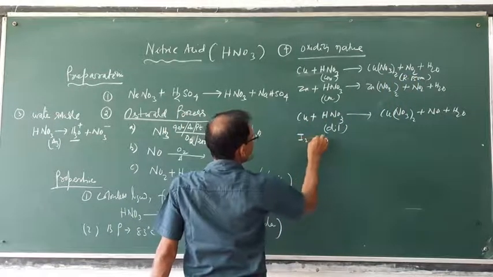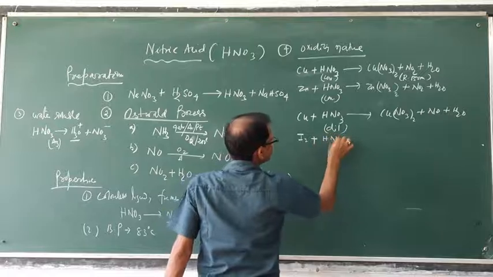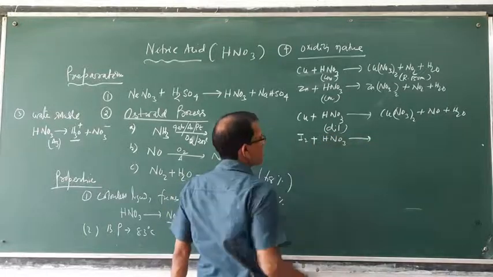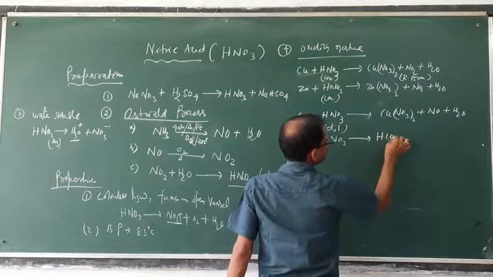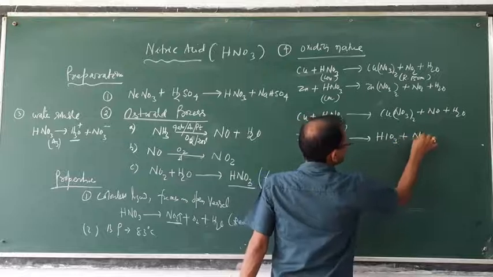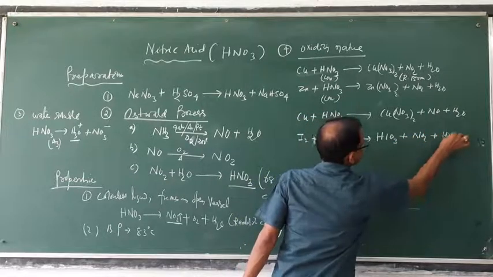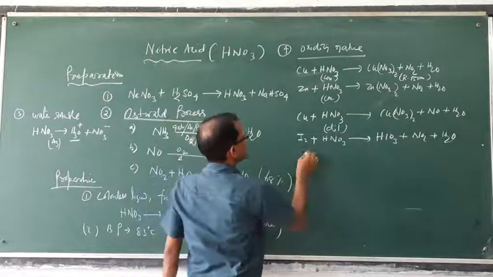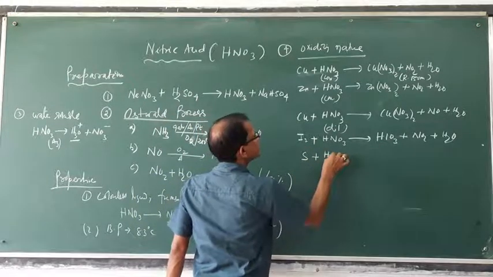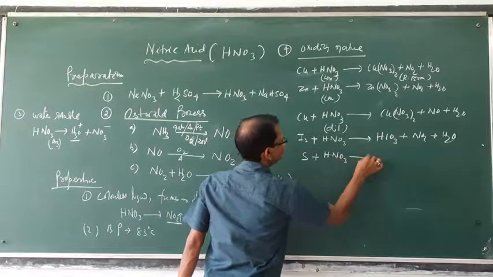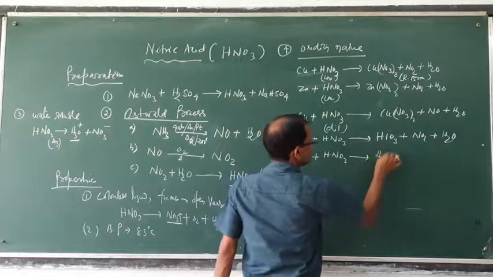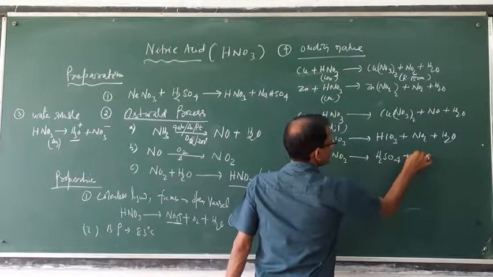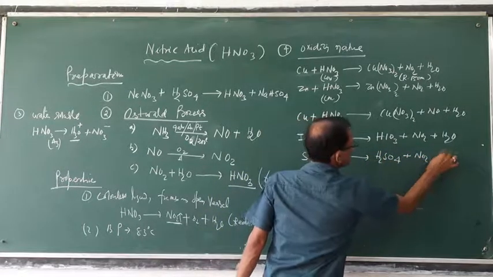Iodine with nitric acid produces iodic acid plus NO2 plus water. Sulfur with nitric acid produces sulfuric acid plus NO2 plus water.